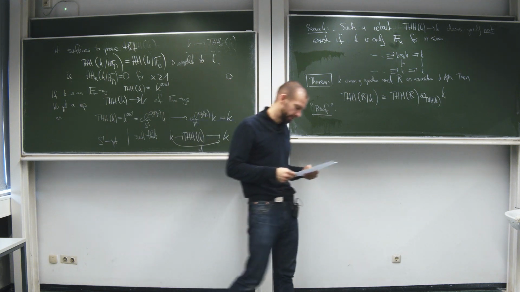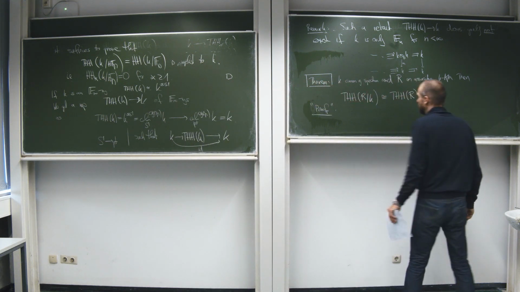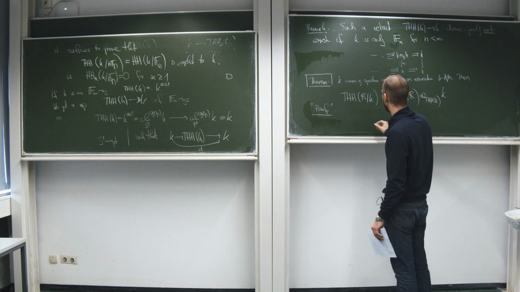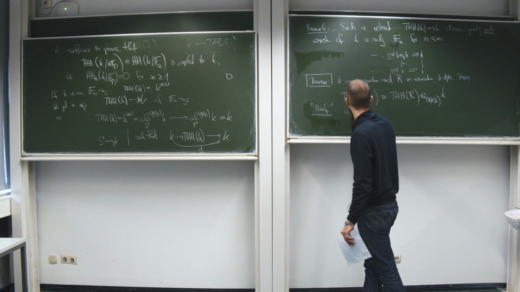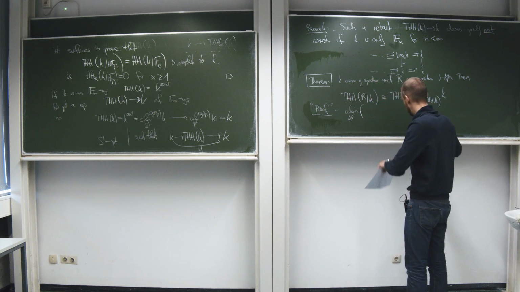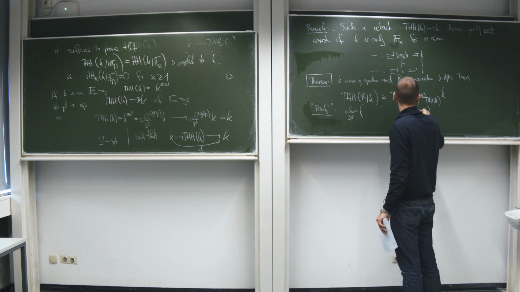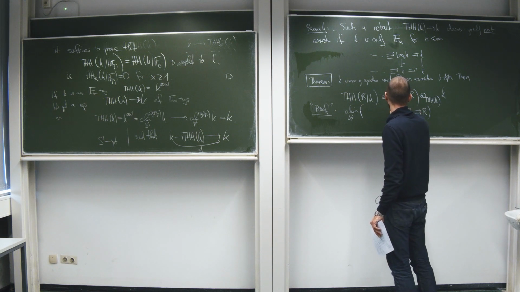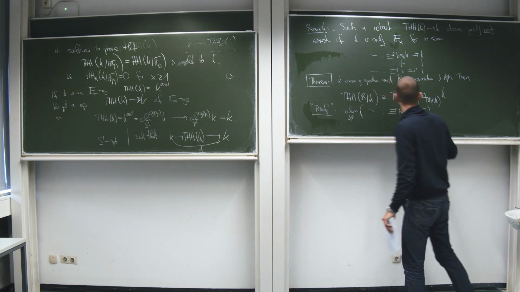The sketch of proof is as follows. You just observe that what we have to compute in order to compute this term is the colimit over delta up of the term where I put R here, and then I have R tensor over K R, and so on.